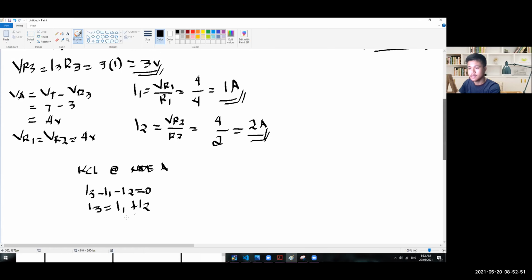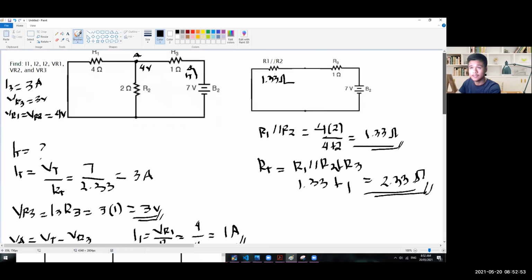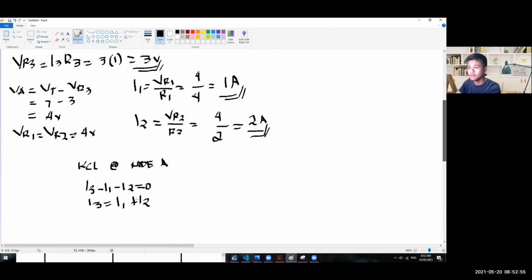So what is our I3? I3 is 3 amps. And for I1 and I2, they have a value of 1 amp and 2 amps. So 1 plus 2 is 3 amps. So our values of our currents are correct.